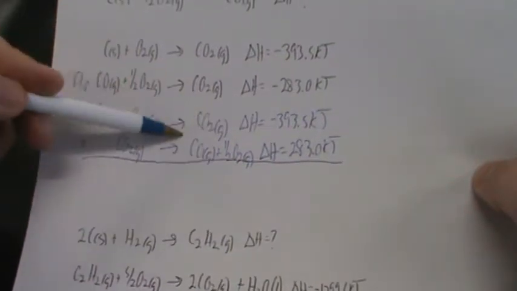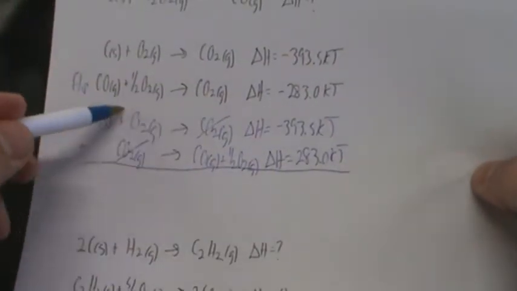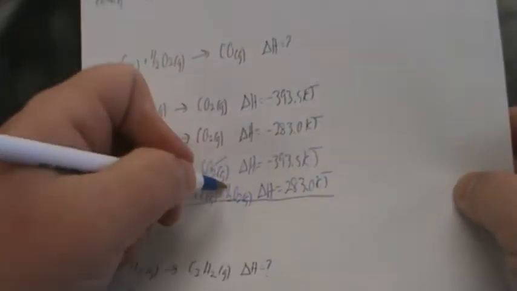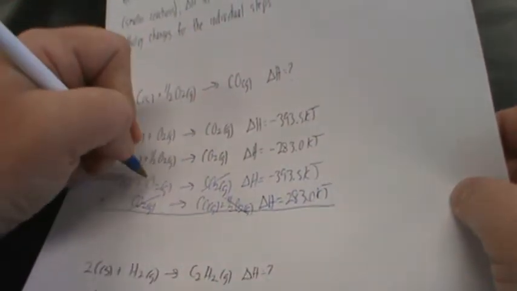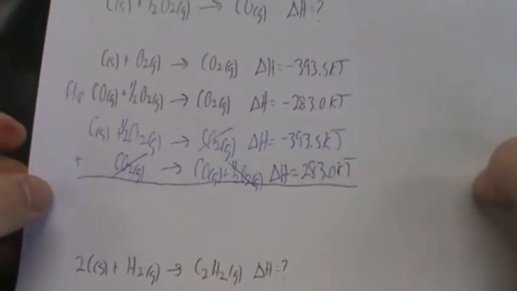So we have CO2 on the left-hand side and we have CO2 on the right-hand side. These two things are going to get canceled out. Now we have a whole O2 on the left-hand side and a half O2 on the right-hand side. The half O2 gets canceled out and this whole O2 is reduced down to 1/2.